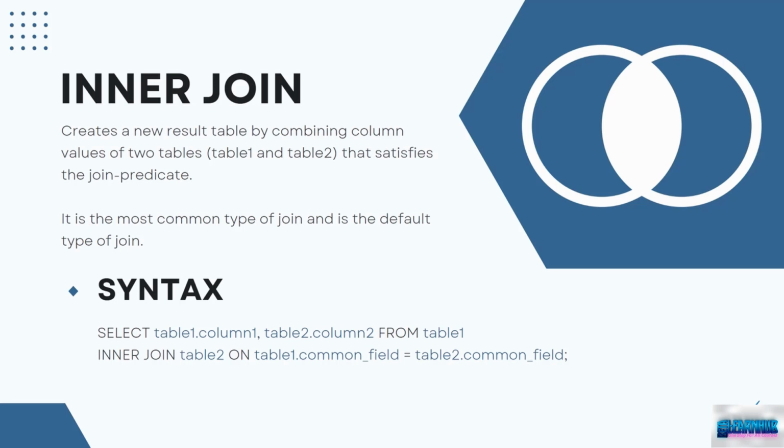As we can observe from the Venn diagram, the inner join only outputs the common records between the tables. An inner join is the most common type of join and is the default type of join. You can use the INNER keyword optionally. The following is the syntax of inner join.